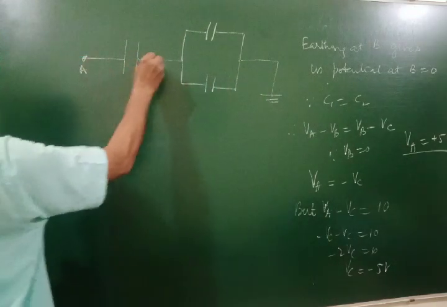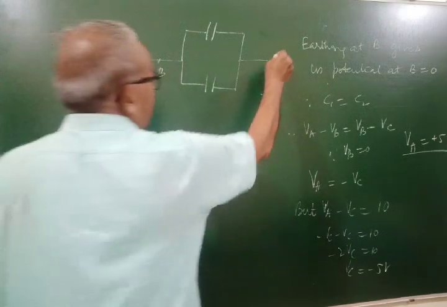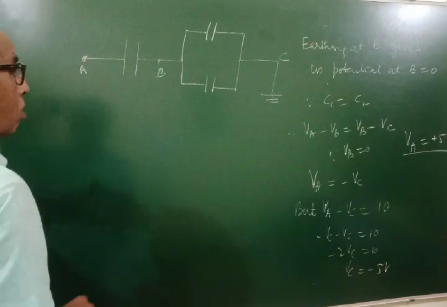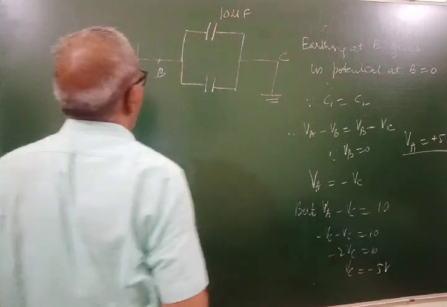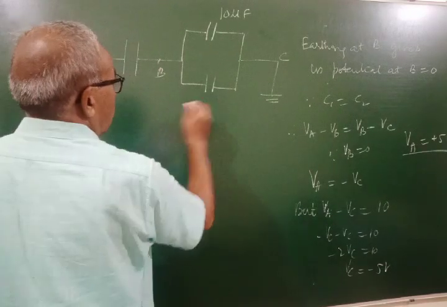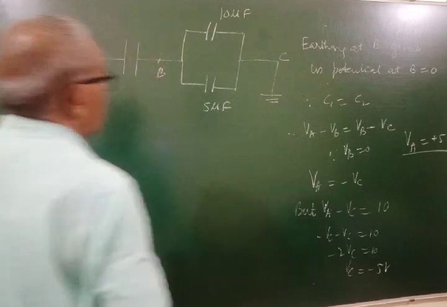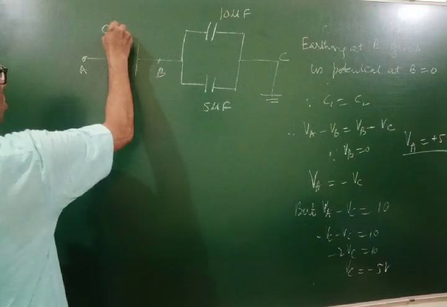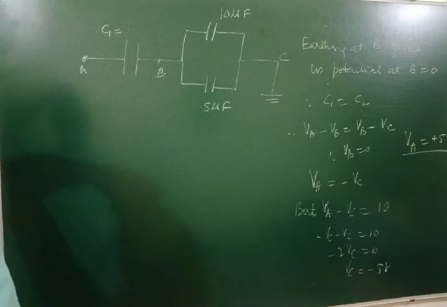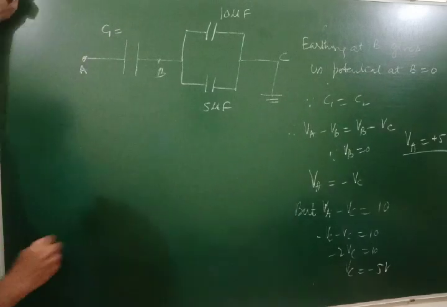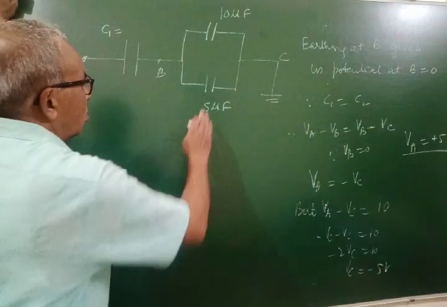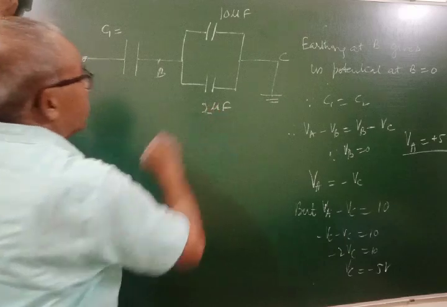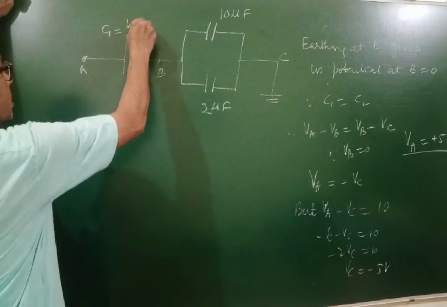This is point A, point B, point C. I take C1 as 10 microfarad, C2 as 2 microfarad, and this is 4 microfarad.